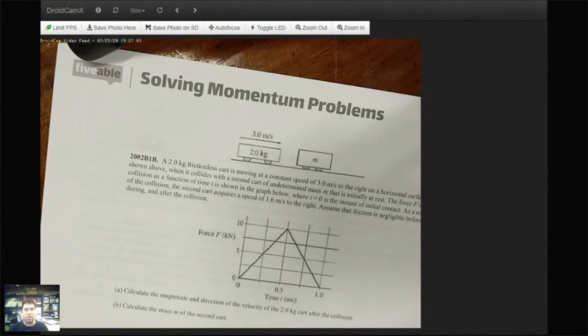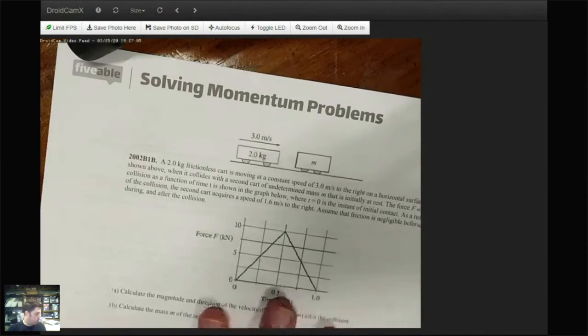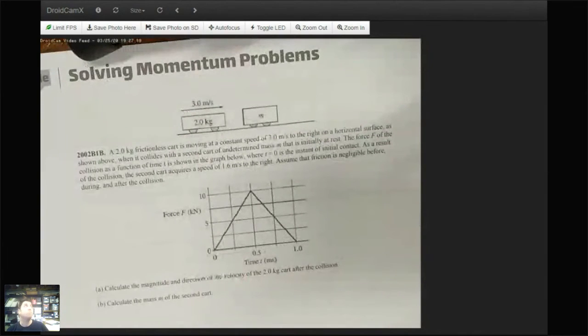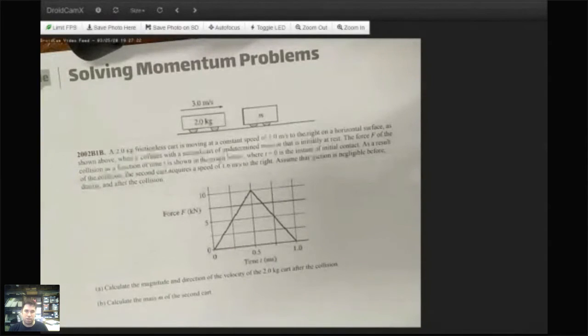Let's take a look at trying to solve this one. All right, so we are given a force versus time graph, and we are told we are supposed to find the magnitude and direction of the impulse of the second cart.